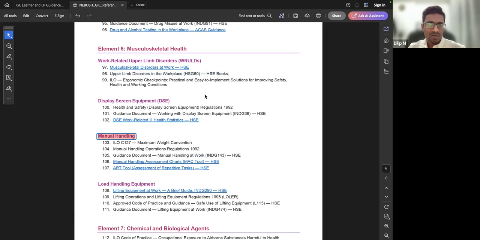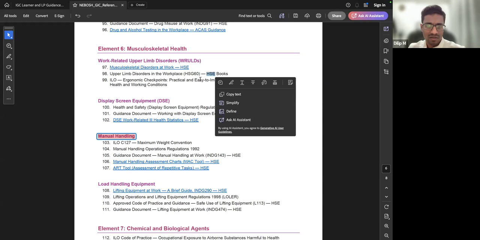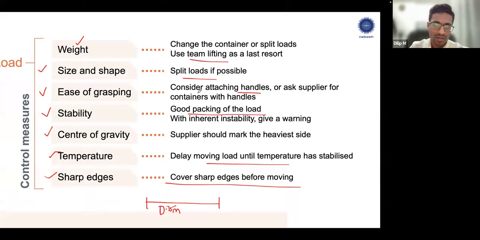Again, this reference document is mostly from HSE, Health and Safety Executive, but you do not have to be confined to one regulatory body. Any regulatory body's resources can be used for your exam preparation.